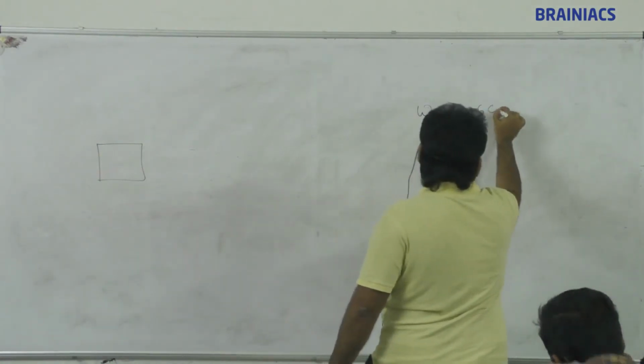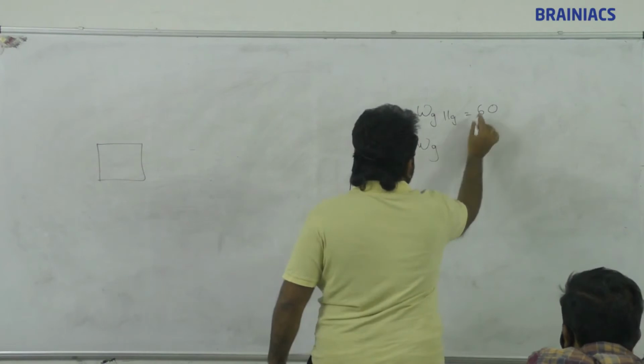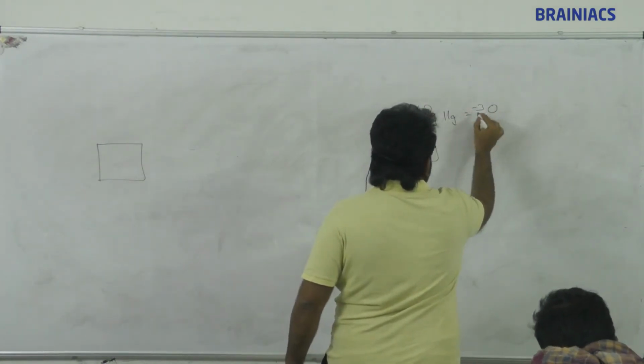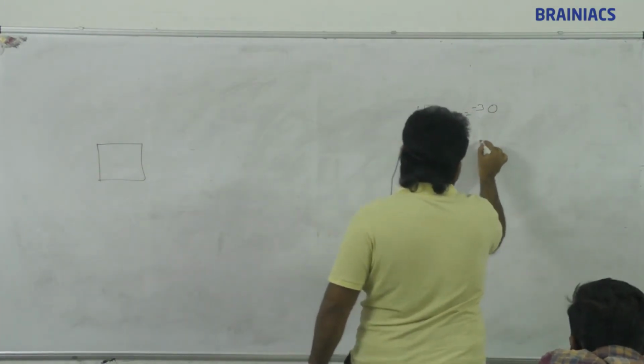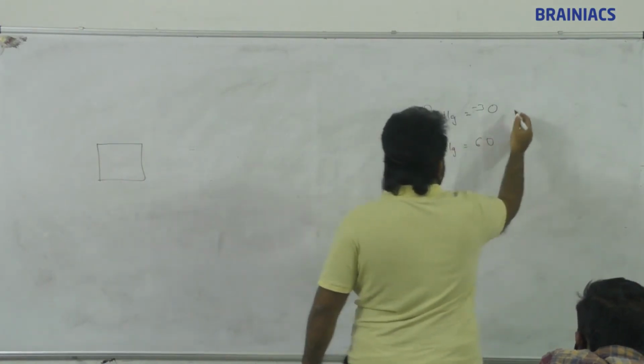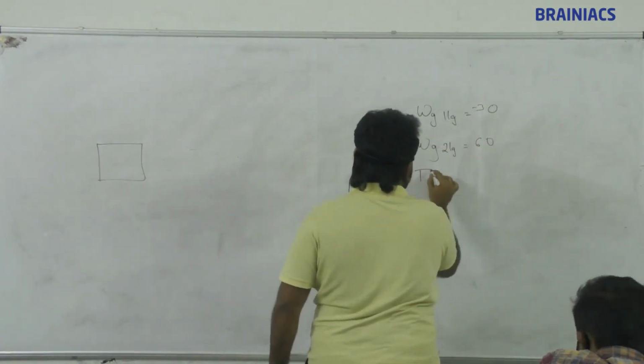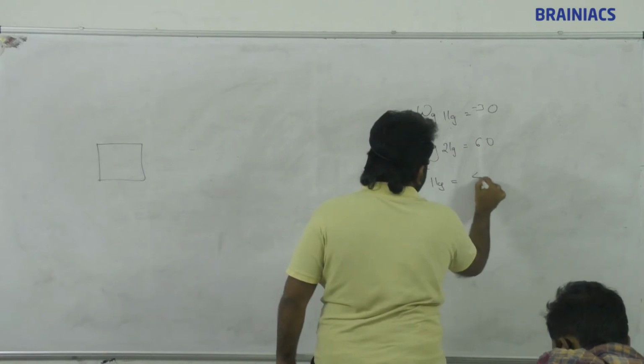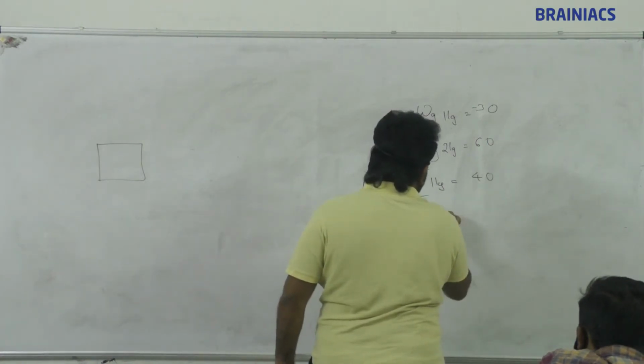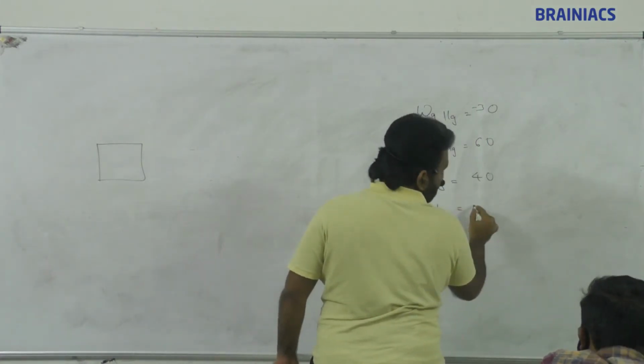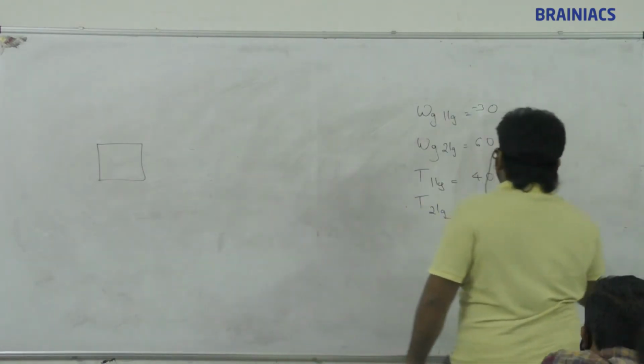Work on 1 kg is minus 30, and on 2 kg, then this one is tension, 40. 2 kg minus 40. Add them.